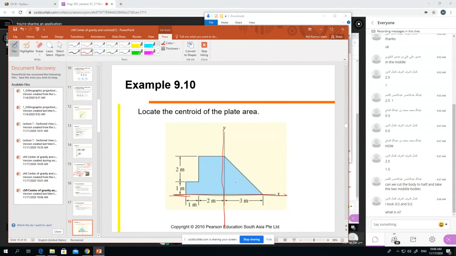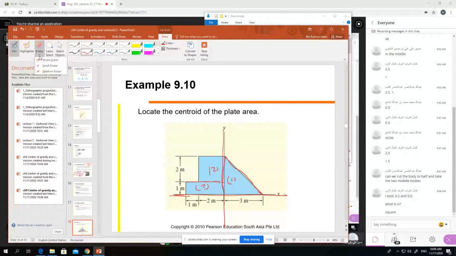We can select, right? Suppose we make this triangle 1. We can make whatever sections you want. You can make this 2, and this rectangle 3, or you can make it like this.